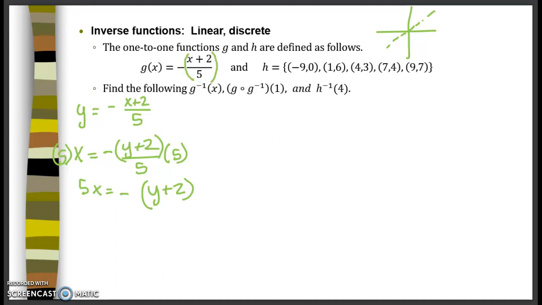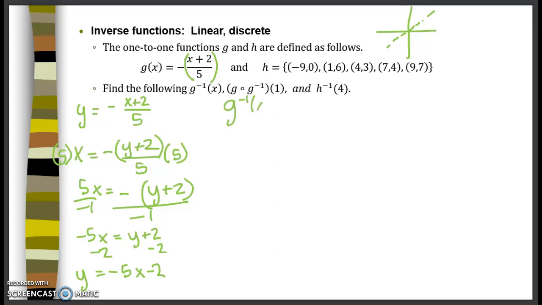So I could have just multiplied by negative 5 and gotten rid of that negative, or I can just say, all right, let's just divide by negative 1 and get negative 5x equals y plus 2, and then let's subtract 2. So y equals negative 5x minus 2. This is the inverse of g, so g inverse of x is negative 5x minus 2.